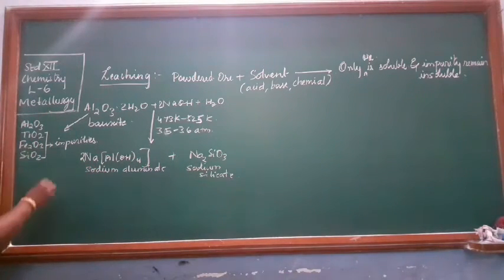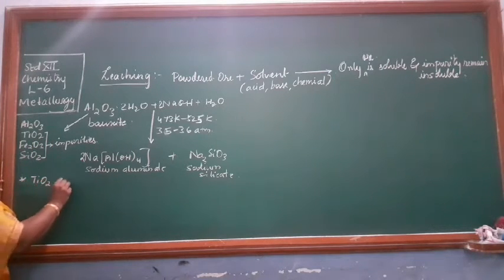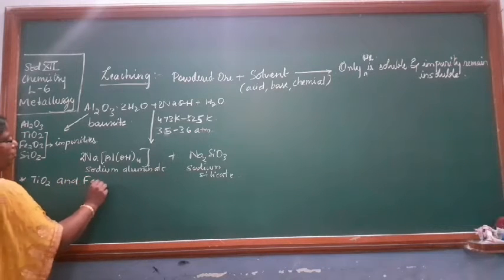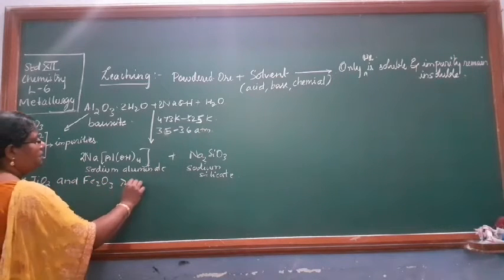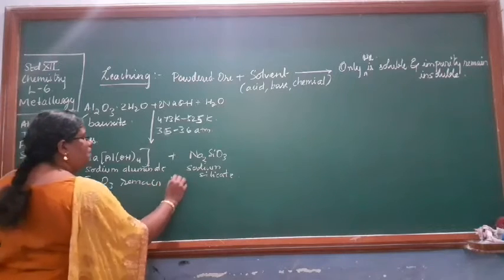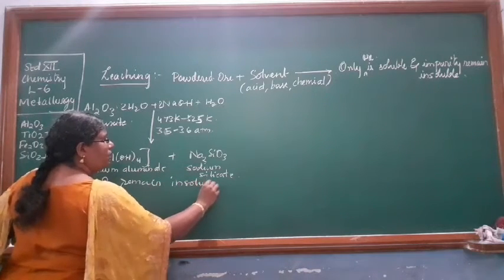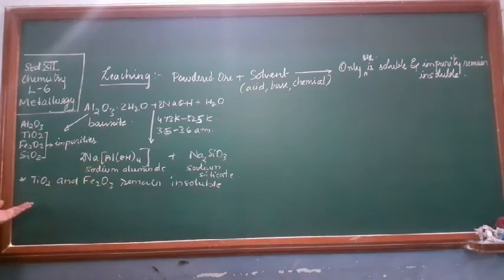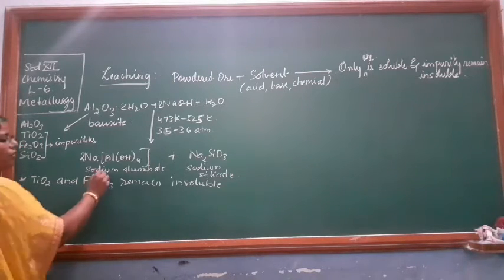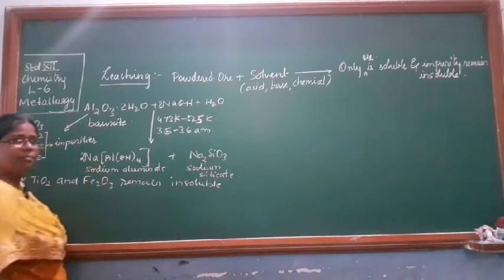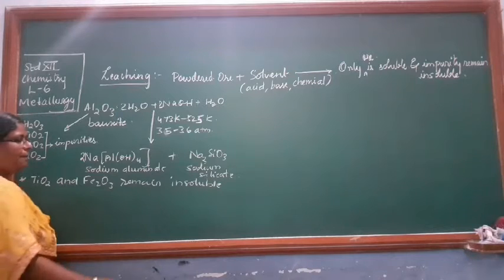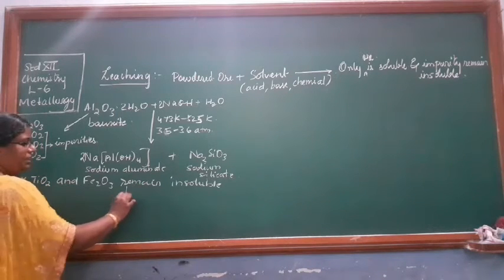So you will get two substances in the solution, that is sodium aluminate and sodium silicate. जबकि ये जो impurities है ना, that is TiO2 and Fe2O3, remain insoluble. मतलब वो solid form में ही रहता है, it remains insoluble. So in the solution form you are having sodium aluminate and sodium silicate. ठीक है? You filter out.